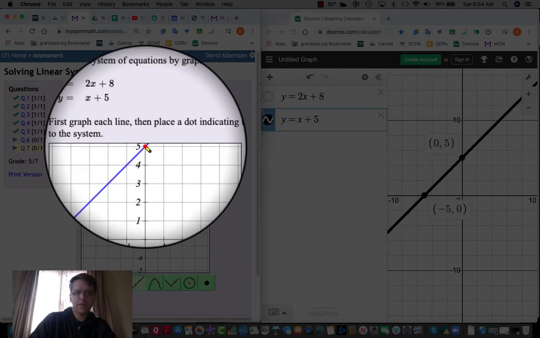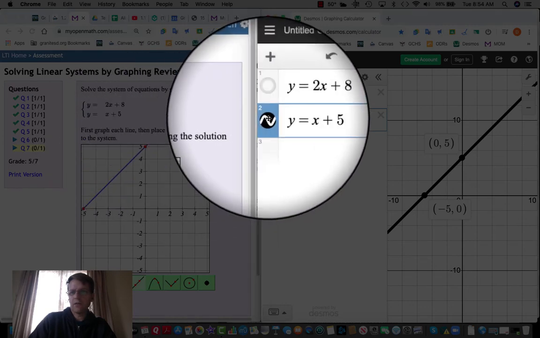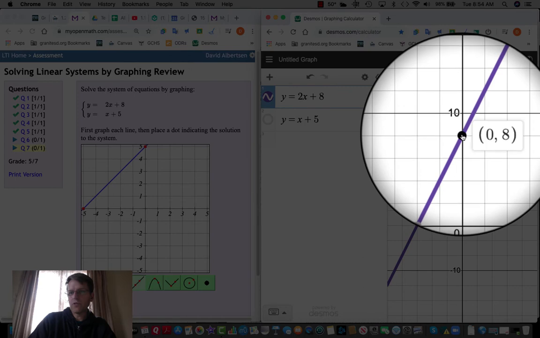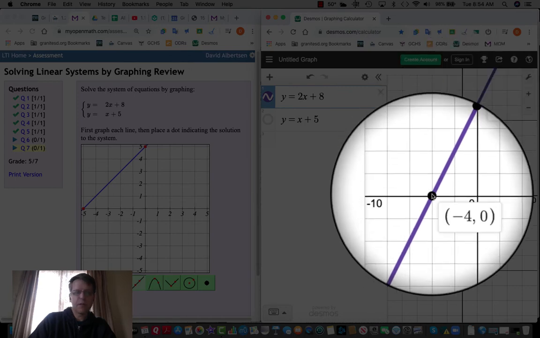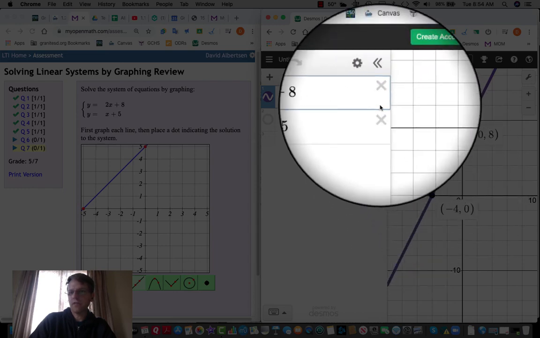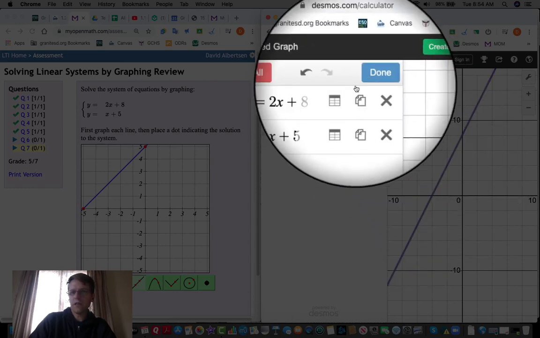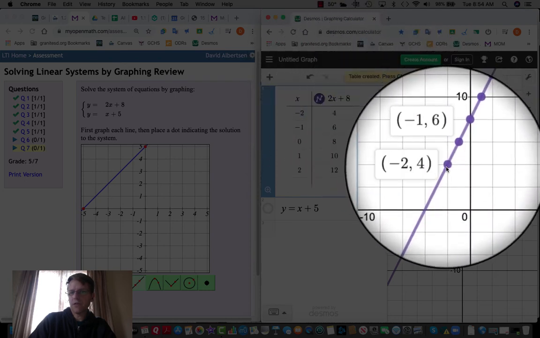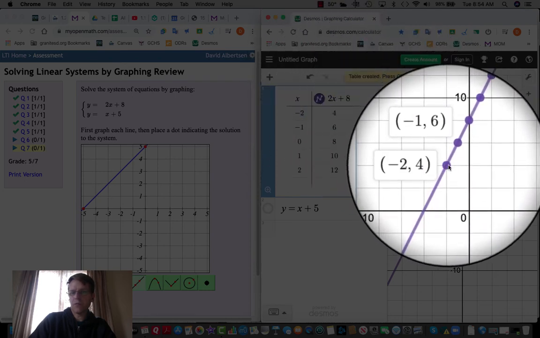So I'm going to do that. And I'm turning the black one off for a sec. Let's do the purple one. The purple one goes from 8 to -4. Now that's not very helpful because this graph doesn't go up high enough. So let's hit the gear and make this into a table. And now we can get some other dots that we can see that might be more helpful.